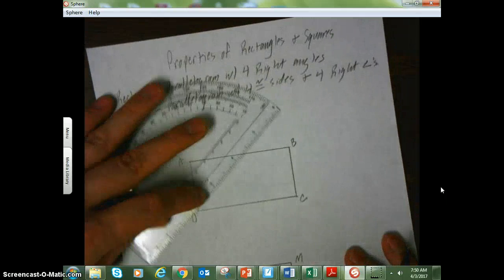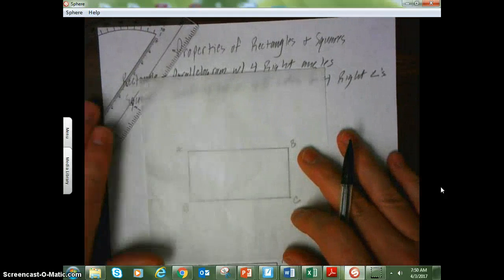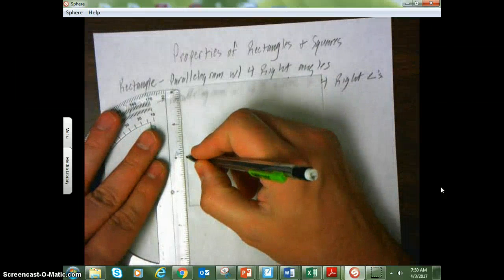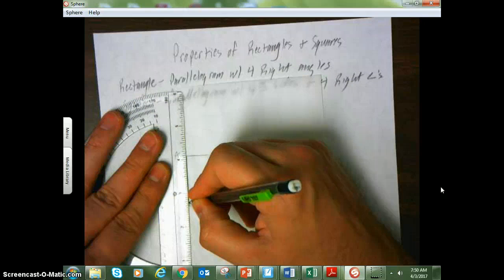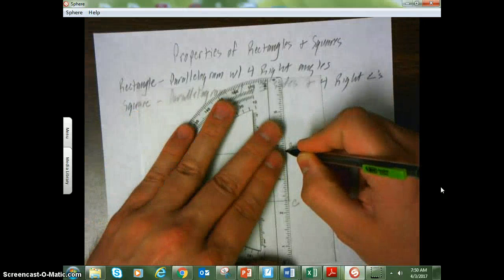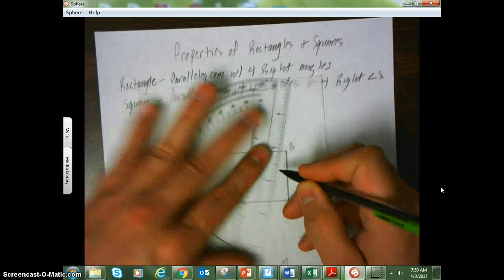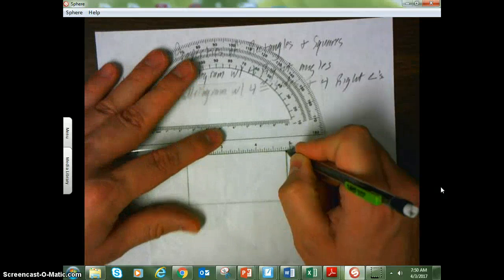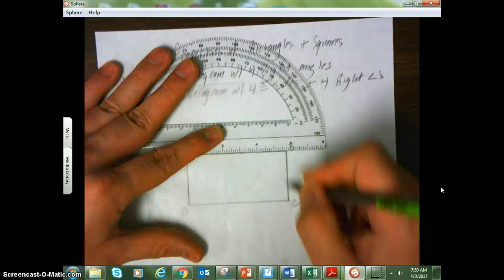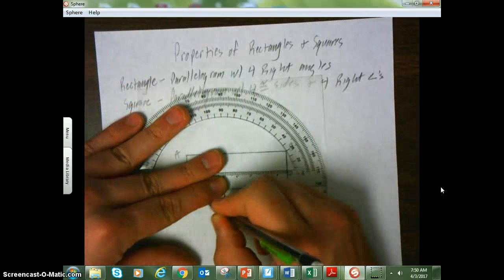Now, let's take my piece of patty paper here, and I'm going to trace ABCD onto my patty paper. All right.